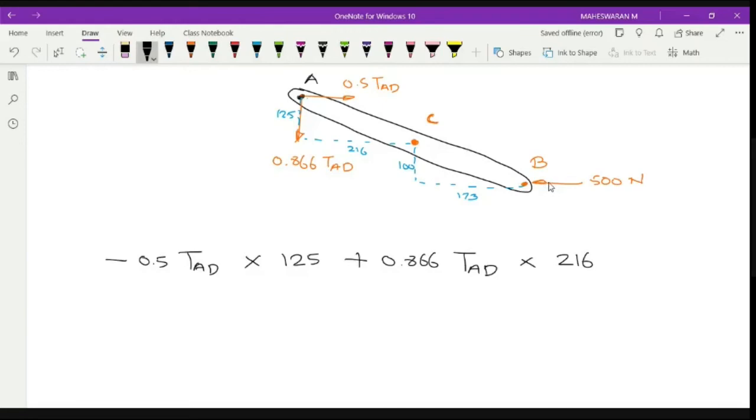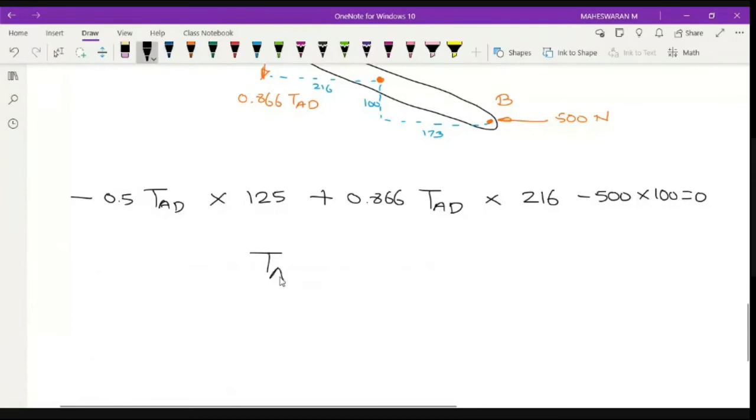This force is horizontal, the distance is vertical, which is 100. Rotation is clockwise, so minus 500 into 100 is equal to 0. You will get TAD is equal to 401.4 Newton. This is my value of TAD.